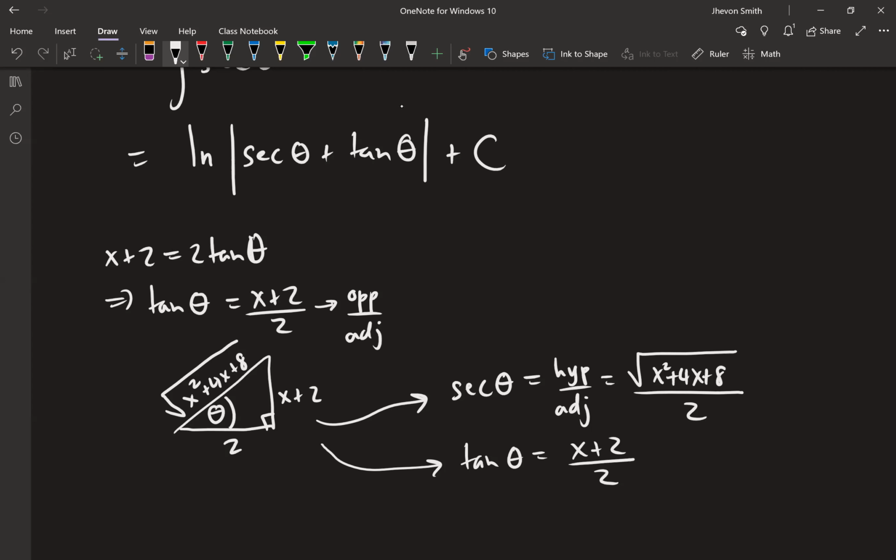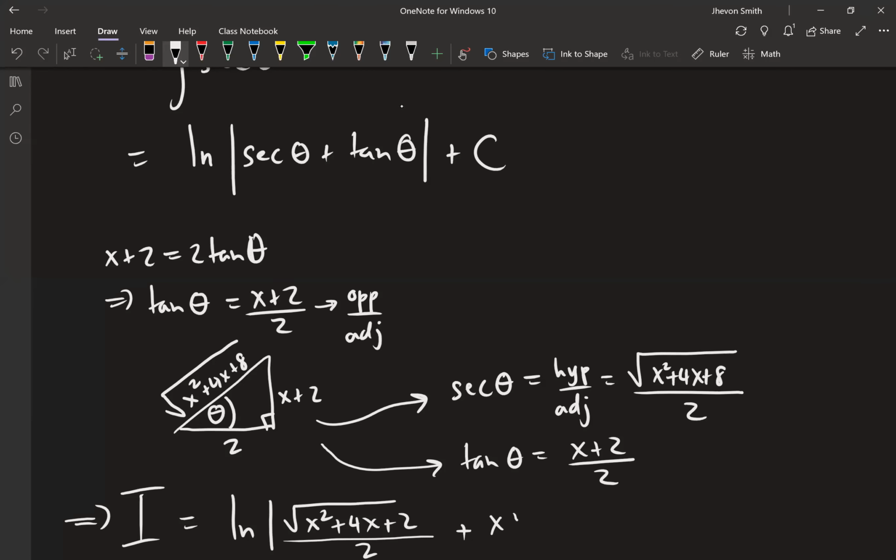And so we just plug that in. The integral is ln of the square root of x squared plus 4x plus 8 all over 2, plus x plus 2 all over 2, plus c.